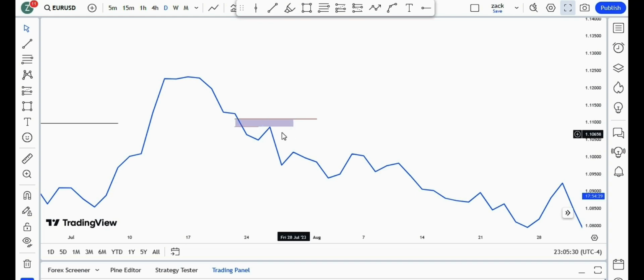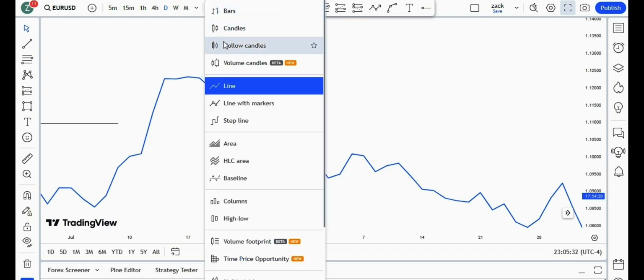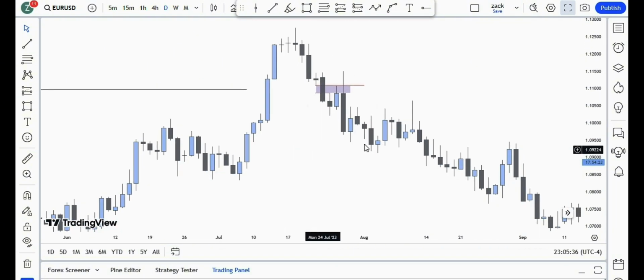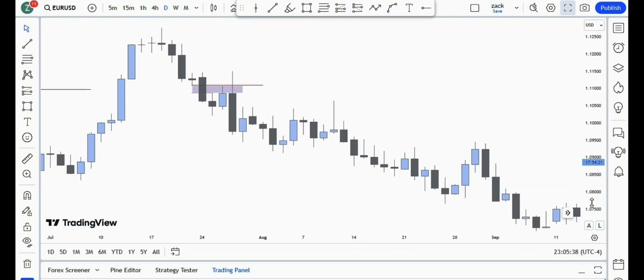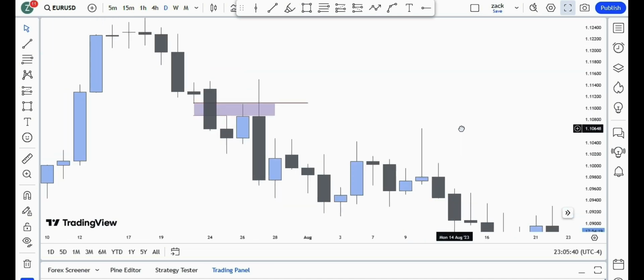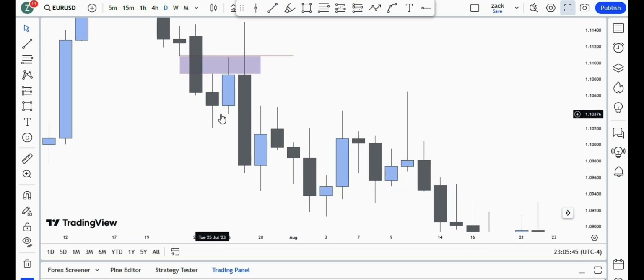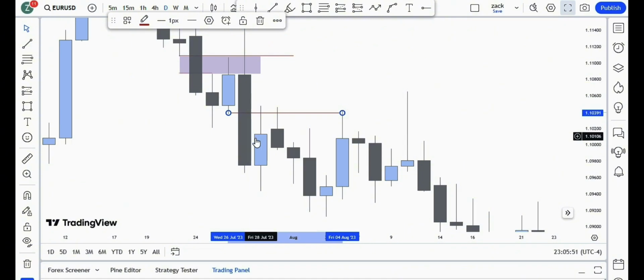Price respected this zone, just came, went lower like that. So this is what I call efficient price action. As you can see, there are no gaps left again. First, second, third, it doesn't matter the color of the candle.